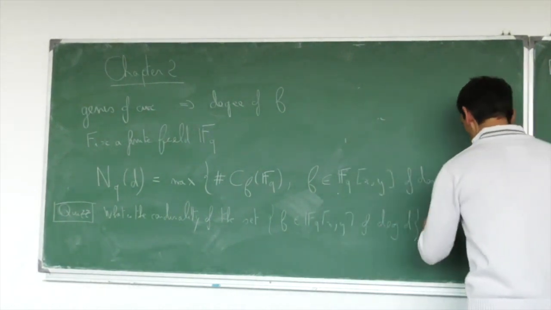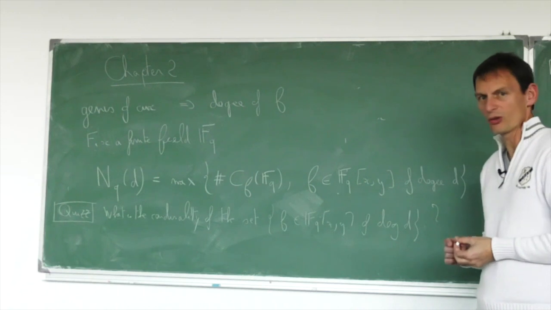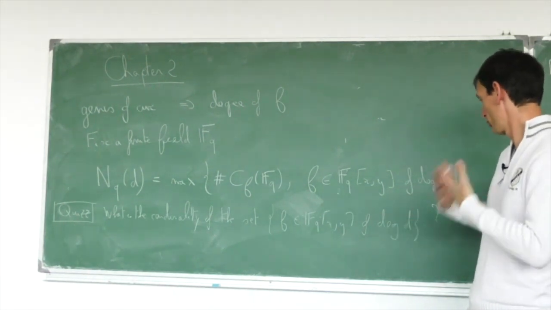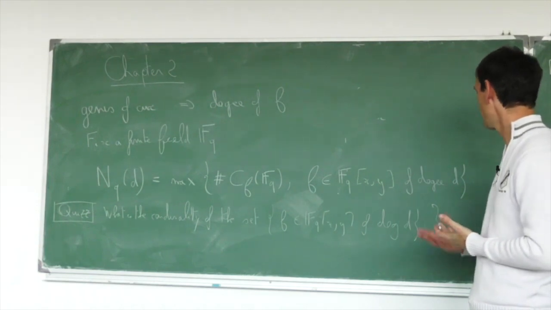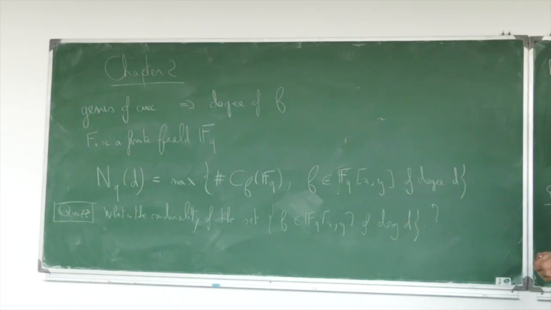Okay? You can also try to solve this. As you see, it is going to be a quite big number. It's going to be big when q is big and the degree is big. It's going to expand very quickly.